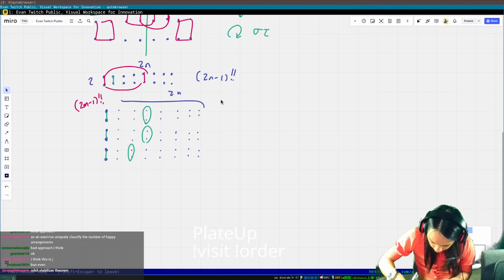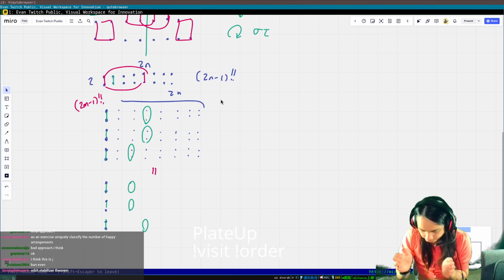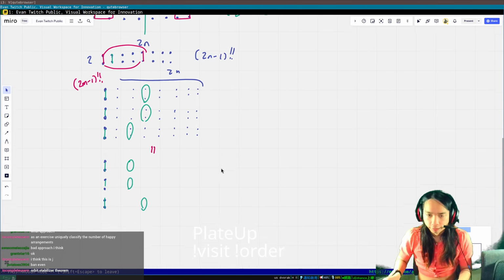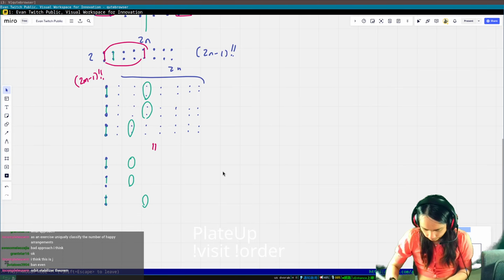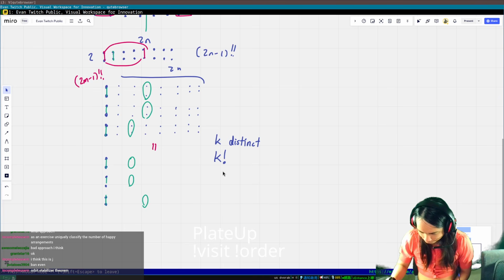This thing is the same as the number of ways to do it with these 2 swapped. And in general, if you have k distinct columns, then you get k factorial. Right?